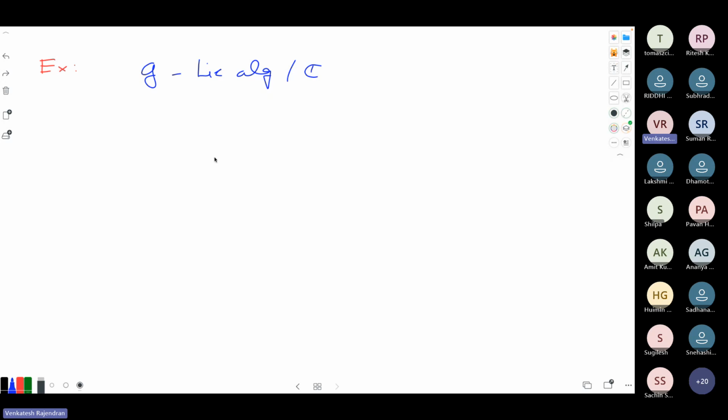Now you have this picture: you have G, then UG, and this iota. From G to TG you have a map, and from TG to UG you have the quotient map. That is the composition you are taking, G to UG. So this is the setting given.